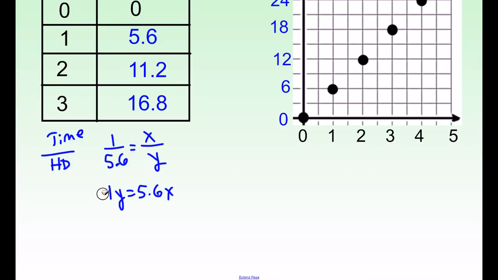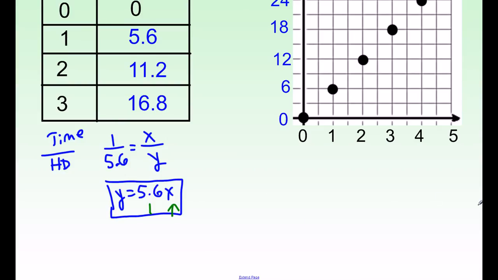We don't need the 1 out front, so that gives us Matt's rate. Every unit of time, he ate 5.6 hot dogs. So in 1 minute, 5.6. In 2 minutes, well, there it is, 11.2, which is another 5.6. So every minute, he ate 5.6 hot dogs.